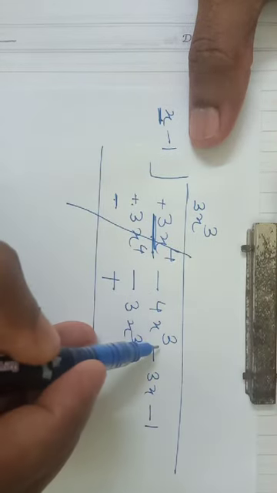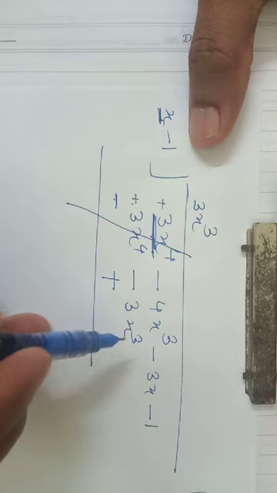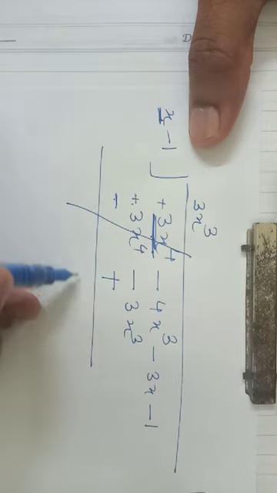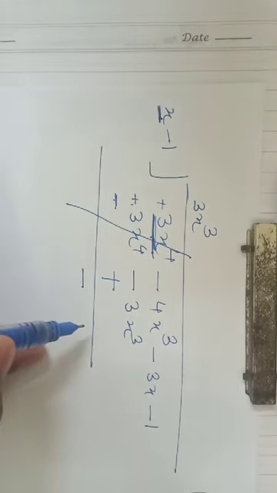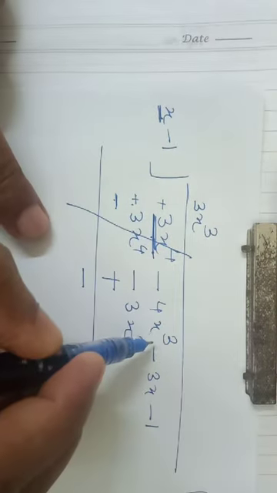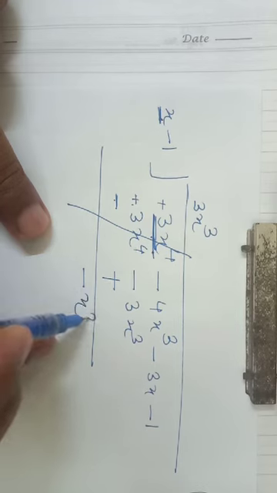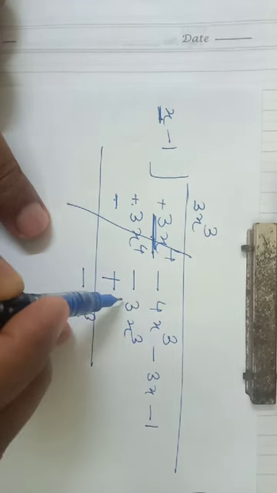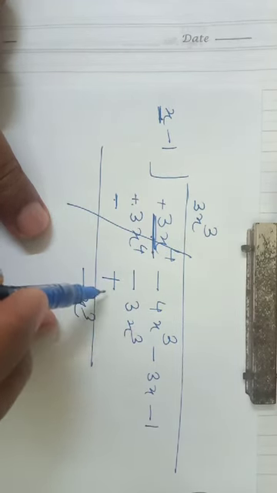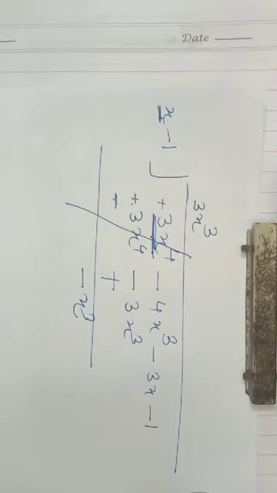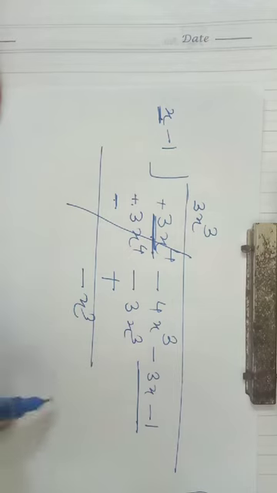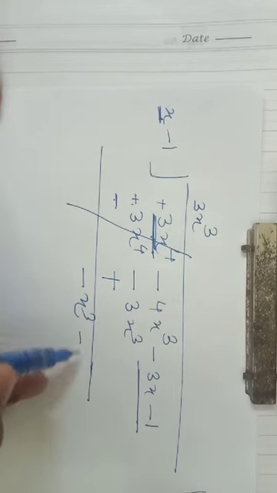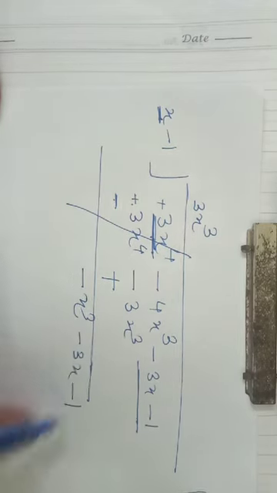This is minus 4x cube and this is plus 3x cube. Minus 4 and plus 3 gives minus 1, and there is no need to write the 1 in x cube. It means minus 4x cube plus 3x cube, so only minus x cube will remain. And write the remaining part. Clear? Minus 3x minus 1.